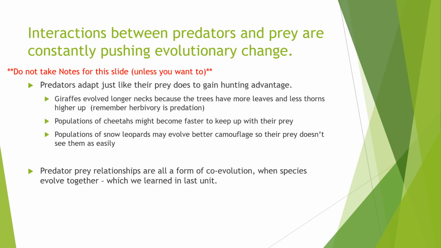Another example could be populations of cheetahs maybe becoming faster over time to keep up with their prey that themselves are becoming faster, more agile to avoid them. Or populations of snow leopards may be evolving better camouflage so their prey doesn't see them as easy. So these are all just predator-prey interactions and evolutionary pulls that cause them to change over time.